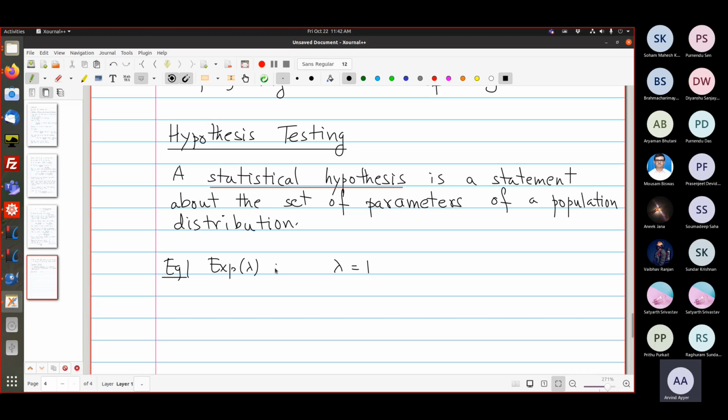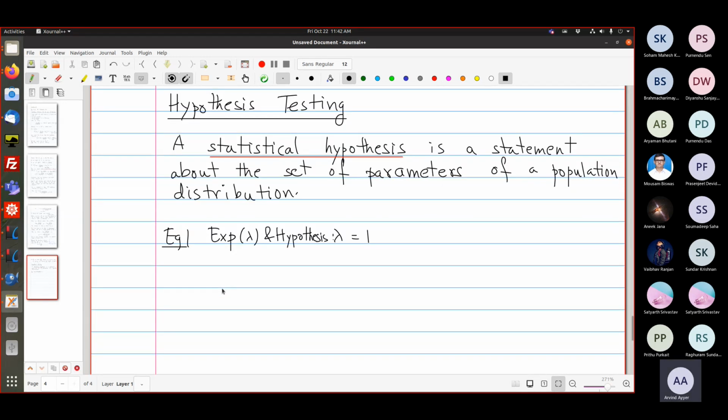a hypothesis would be that lambda equal to 1. Okay, this is one hypothesis. This is by no means just one. You could take lambda greater than or equal to 10. You could have many such hypotheses. Any statement of that form is a hypothesis. That's all. Okay.